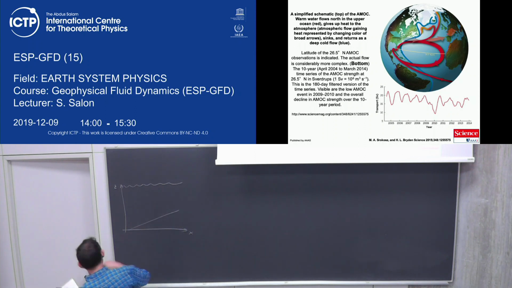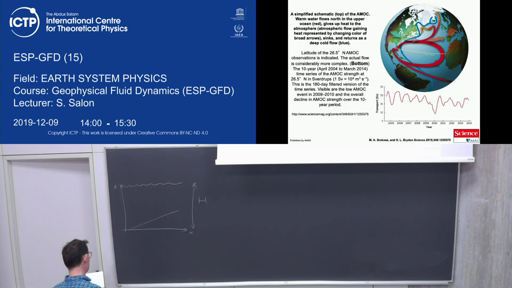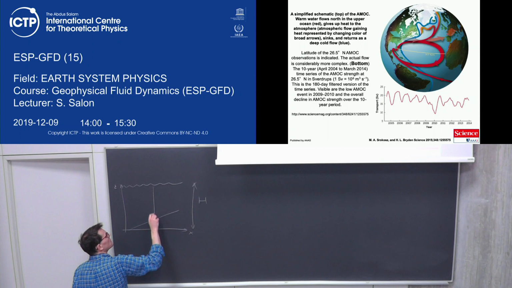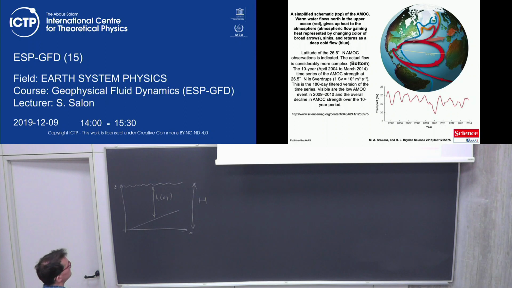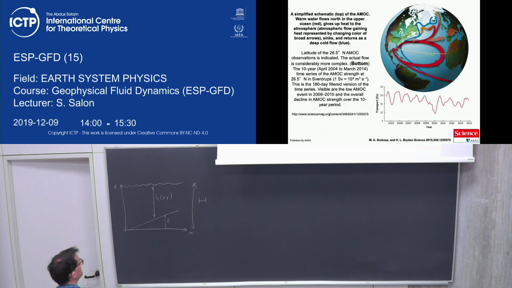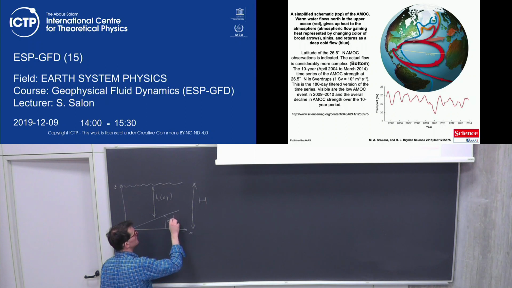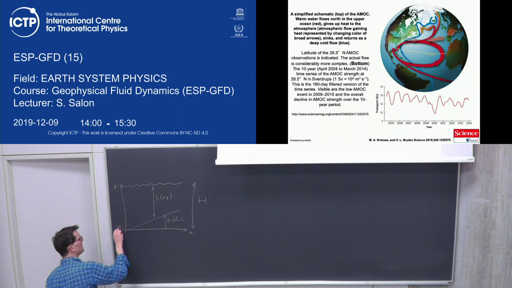So the entire height scale is capital H, and this is the depth, which is small h, and this is the vertical coordinate, which is capital H minus h.